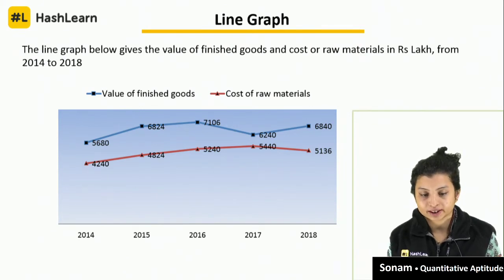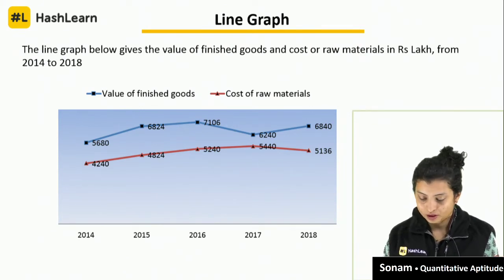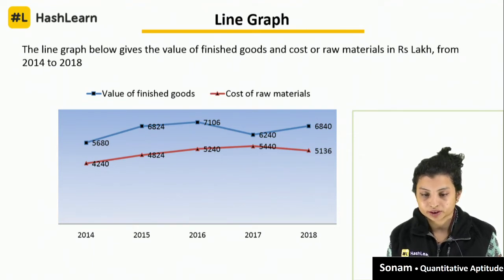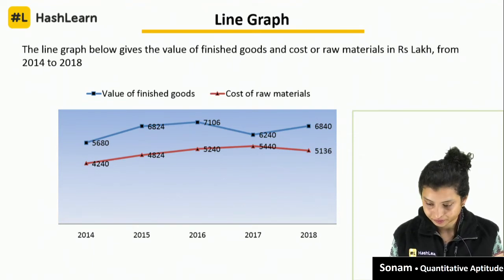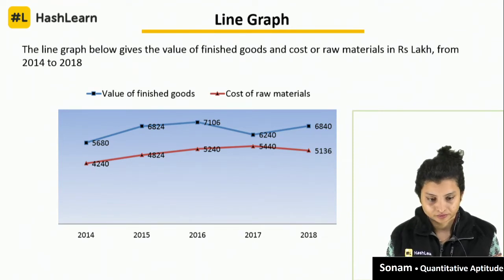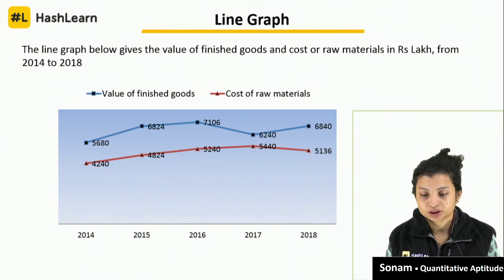This is another data set which is given to you. Read the question properly and then we will look into each question individually. The line graph below gives the value of the finished goods and cost of raw material in rupees lakh from 2014 to 2018.